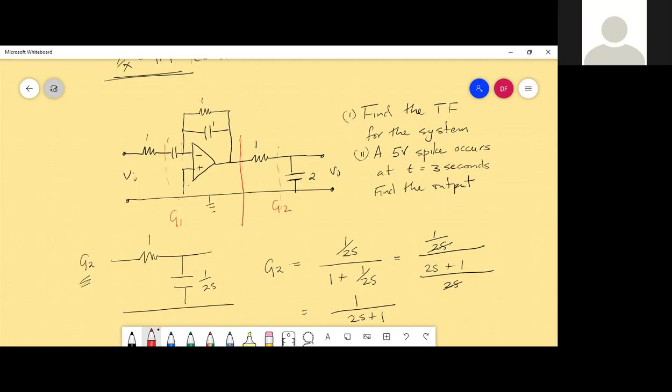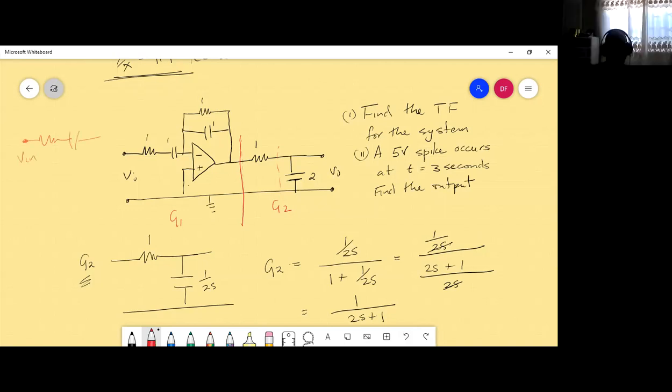The problem you have with that is that there's no input-output relationship that you can get there. Because basically it will just be a line. Remember, say your input is here, so this would be 0. Remember this point is a virtual ground.